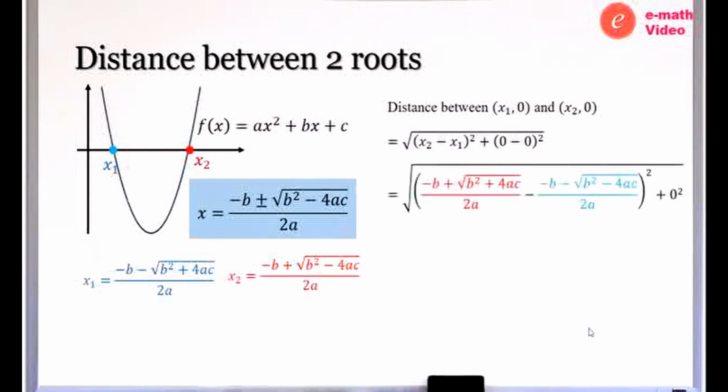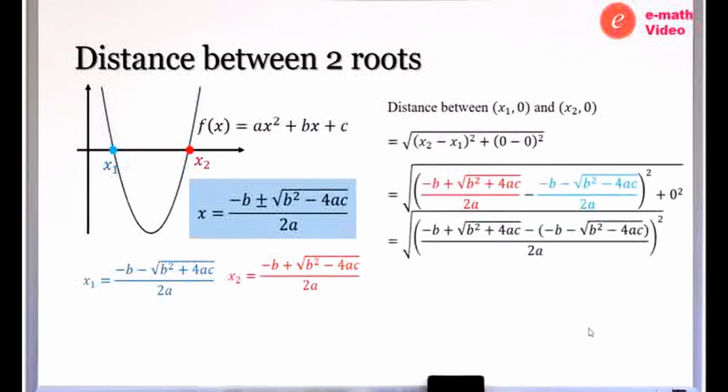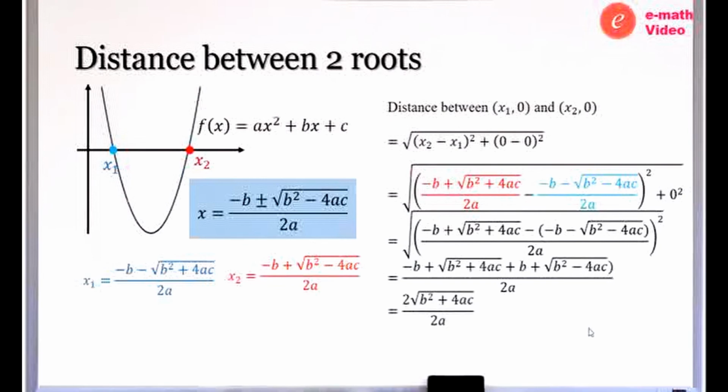Sub in x1 and x2, same denominator, combine the fraction, expand the bracket, square root and square can cancel, negative b and b can cancel, 2 and 2 cancel, and this is the distance between the 2 roots, which is the square root of b squared minus 4ac divided by a.